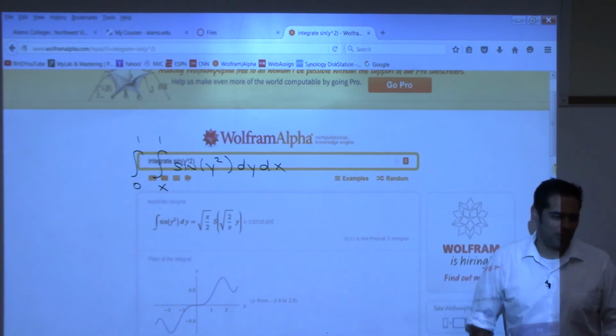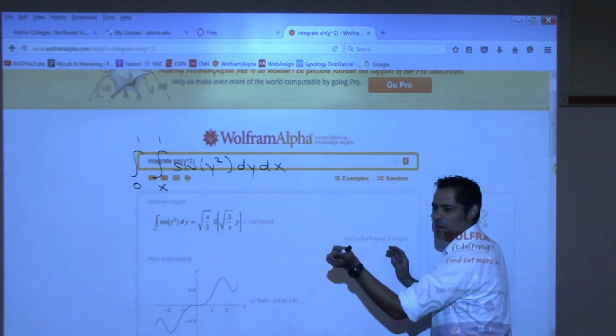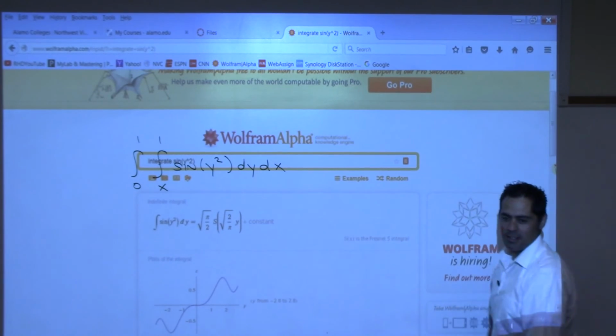That should look like complete nonsense to you, all right? Which it is. Basically, Wolfram Alpha is saying, you're not doing that by hand.